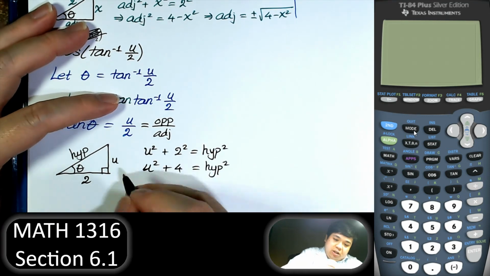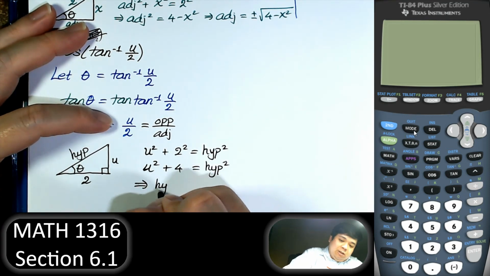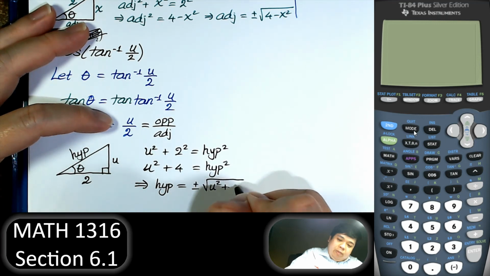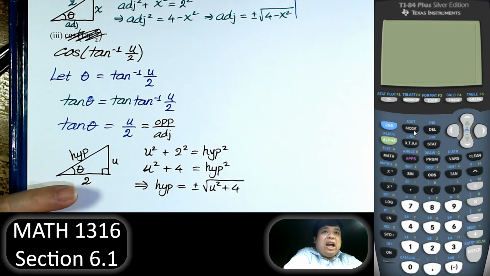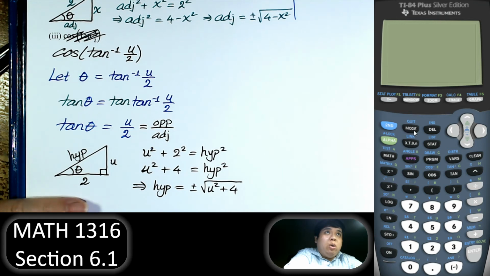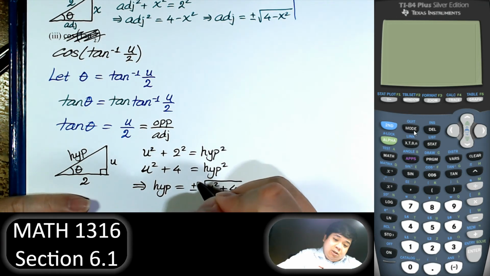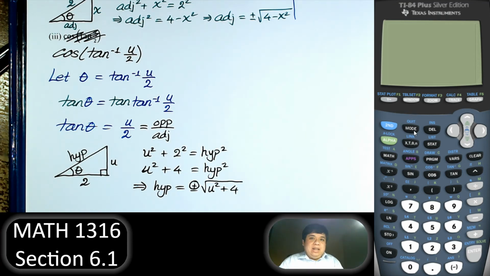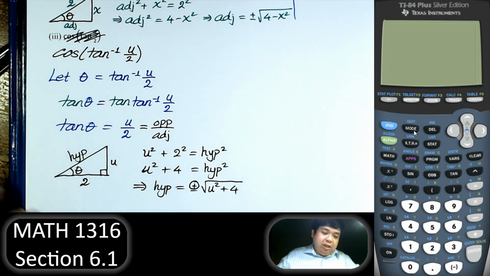So the hypotenuse is plus or minus the square root of u squared plus 4. But just like x, y, and r, we can choose r always positive. So in that case, we choose positive because only x and y can be negative. r cannot be negative. So in this case, same thing. We choose positive values only.